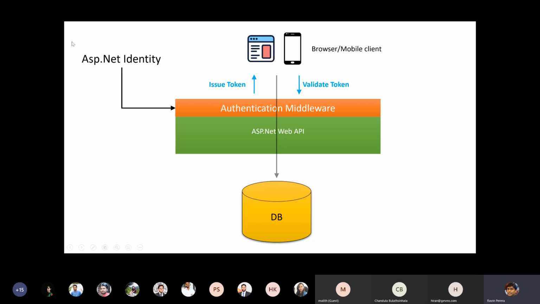Ravin, are you talking about the user management using Identity? Yes. I think all the people will remember when I say this. So basically ASP.NET Identity introduces the tables in your database, right?